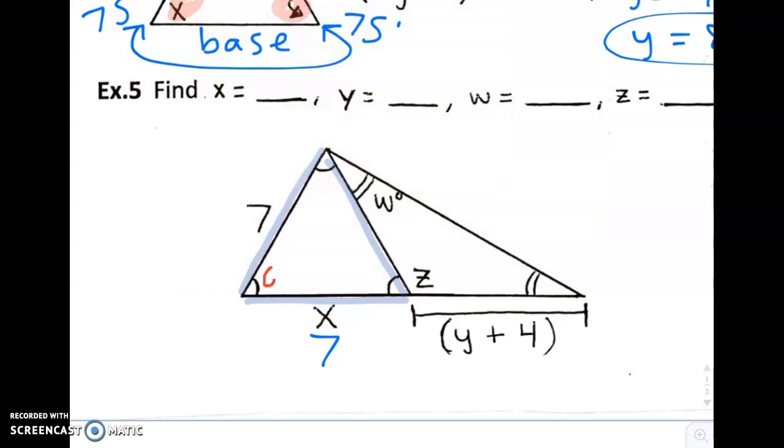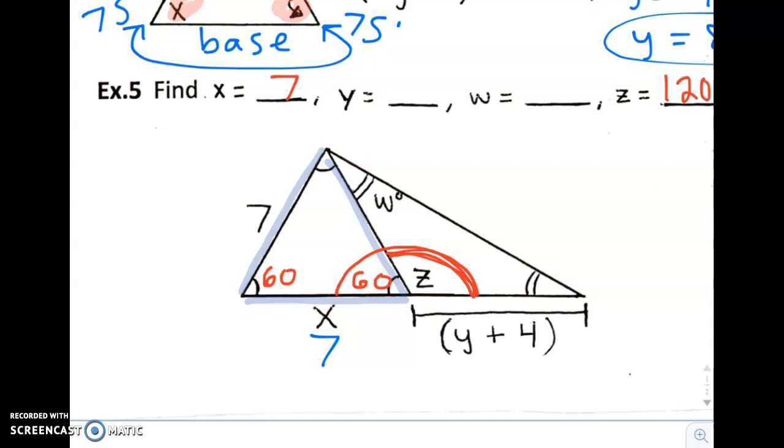Since each of the angles in the equilateral triangle are 60 degrees, I can actually use this 60-degree angle to find angle z. Z over here would have to be 120 degrees because together these are going to be a linear pair.